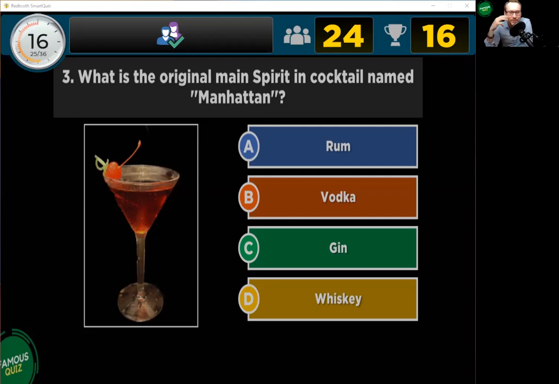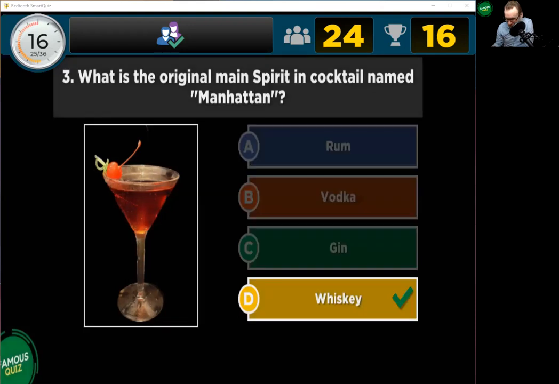So there are 3 types of Manhattan cocktail, and in each of these types you add vermouth. In some cases you add dry vermouth, in some cases the red vermouth, in some cases blanco white vermouth. But the main stuff is whiskey.